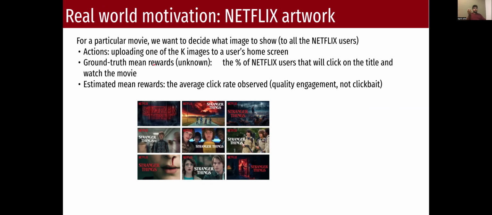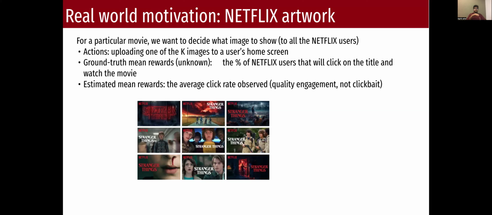When you open Netflix, for different movies you get different images of the movie, and your objective is to show the user the kind of image so that the user clicks on that movie image to see the movie.